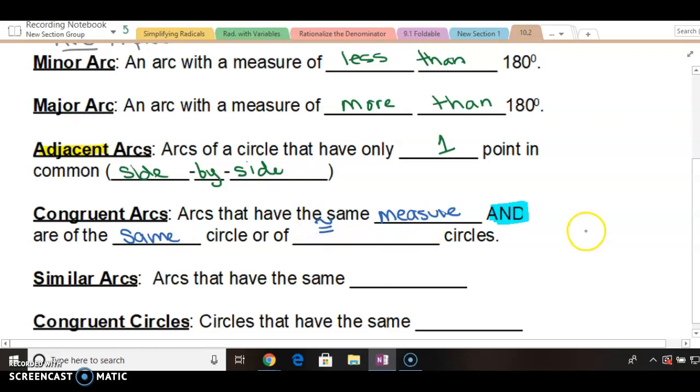We'll do some examples of these and it'll make more sense when we do that. Similar arcs are simply arcs that have the same measure. And then congruent circles are defined as circles that have the same radius.